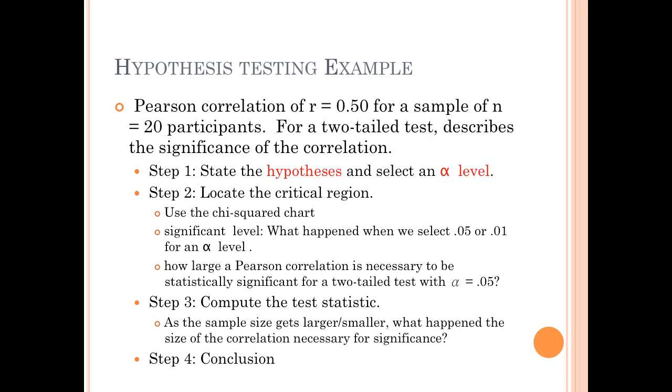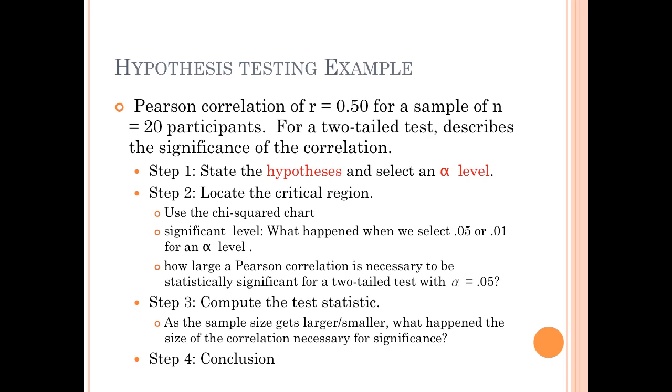It's not the chi-squared chart, it's the correlation chart table. So you'll need to know what happens if you selected 0.05 for alpha or 0.01 for an alpha level.